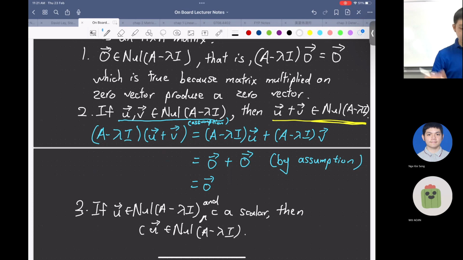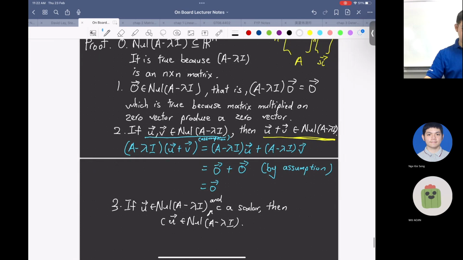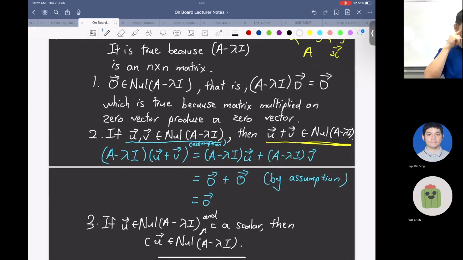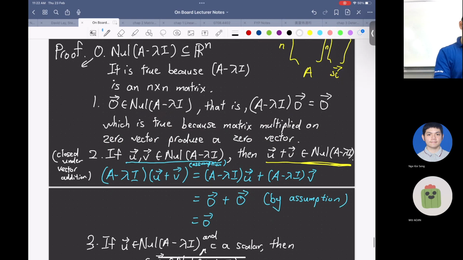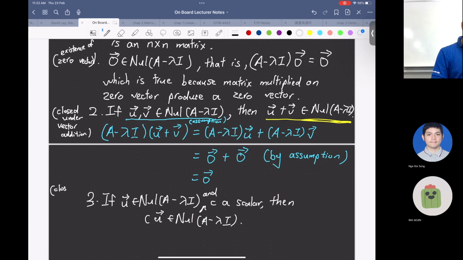Okay, so if you don't remember the subspace definition, you need to remember that you have to prove four things. First is the subset condition, second is the zero vector condition, the existence of the zero vector, third is closed under vector addition, and fourth is closed under scalar multiplication.